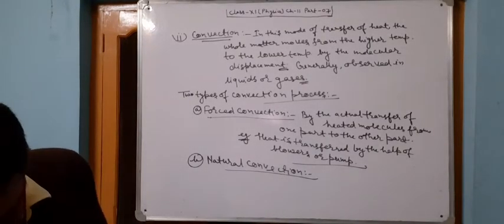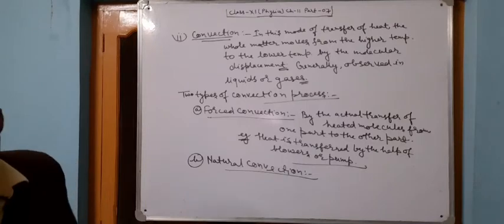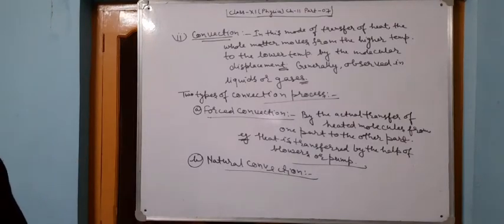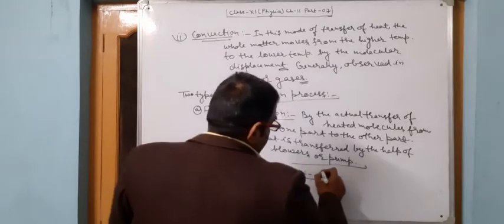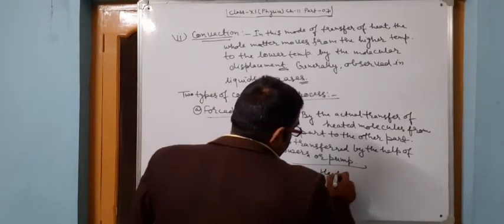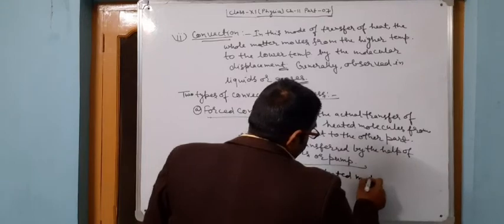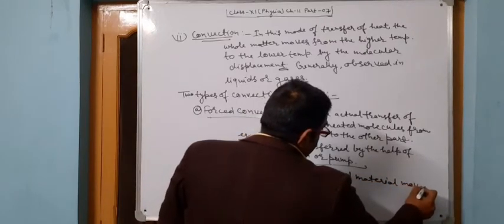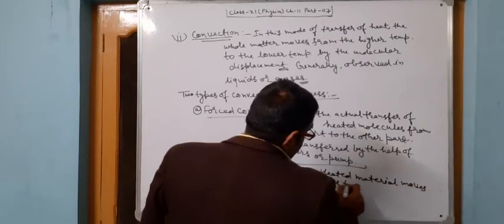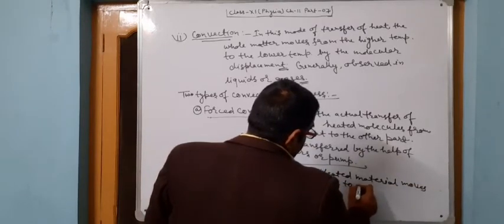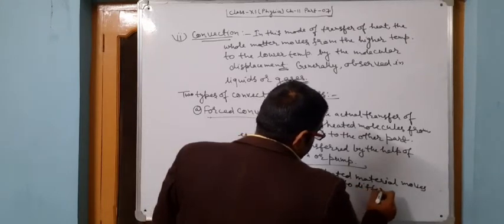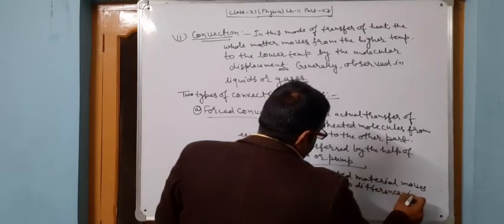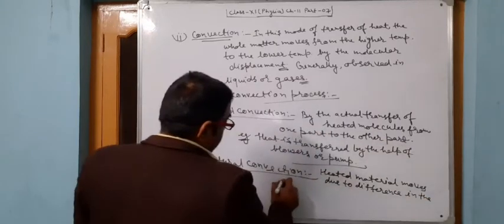So natural convection can be summarized as the process of convection if the heated material moves due to differences in the density.